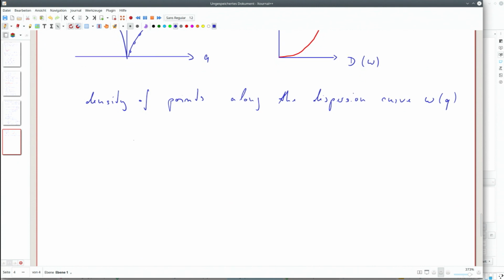So this is given by 2N, and it's a over 2 pi, and it's just 1 over the derivative. That's the slope, and the slope gives how many points fall into a certain interval.